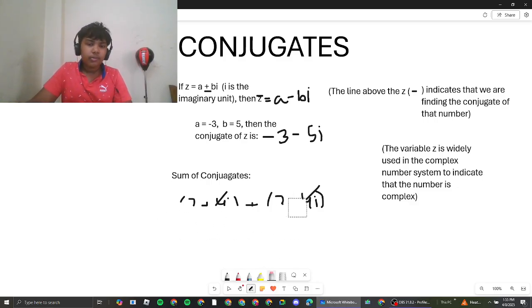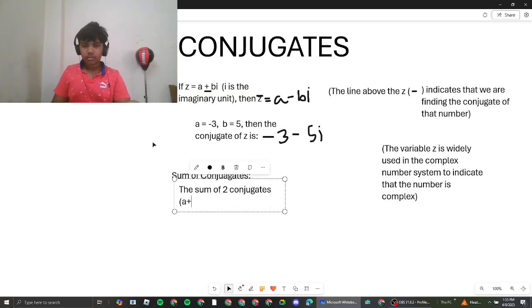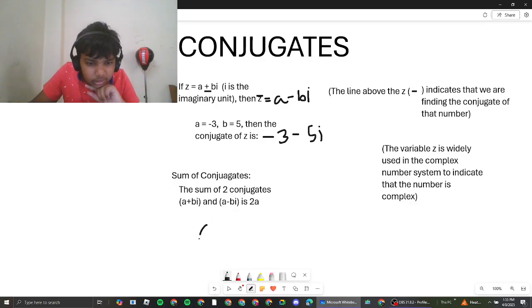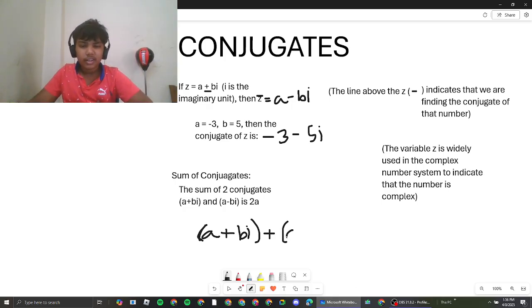So we can make a general rule. The sum of a plus bi and a minus bi is 2a. If you have a plus bi plus a minus bi, what do you get?